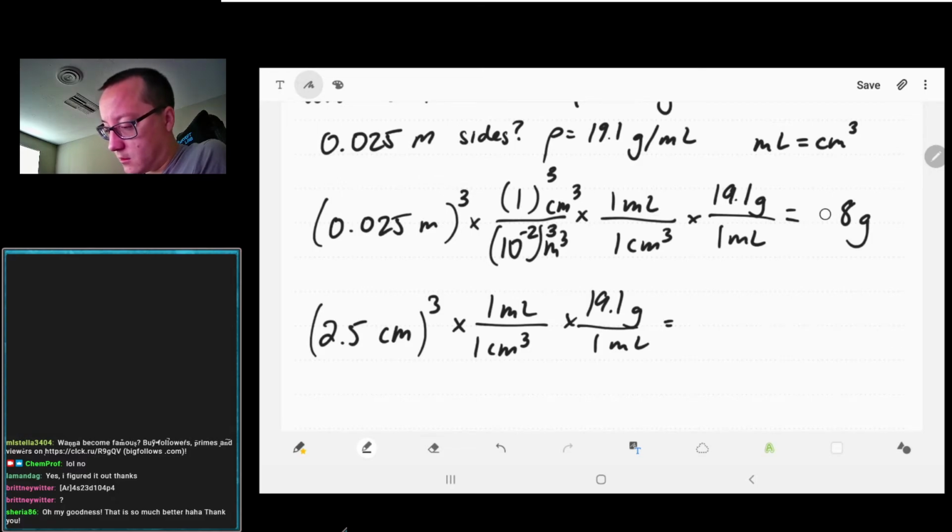Actually, we'll need 2 sig figs. All right, and if we were to do it the other way, 2.5 times 2.5 times 2.5 times 19.1, we get exactly the same number because that's how unit conversions work.